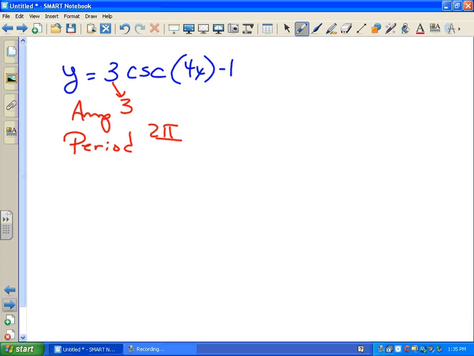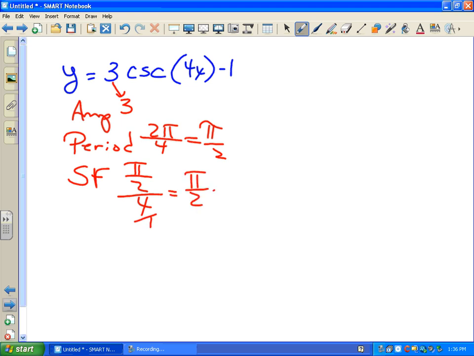So 2 pi divided by 4 reduces to pi over 2. Now our scale factor is that divided by 4. How do you divide a fraction by a whole number? You have to flip and multiply, so put a 1 under the 4 so that you can flip and multiply it and get an 8th.